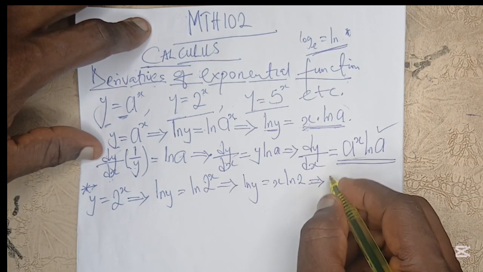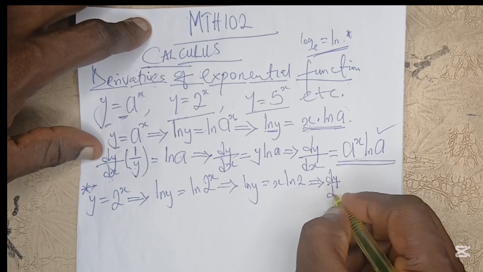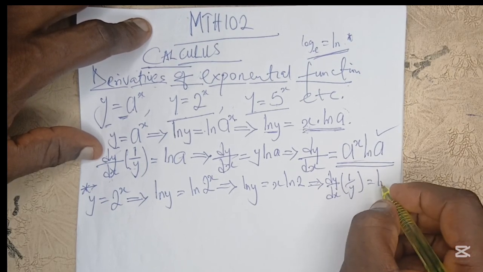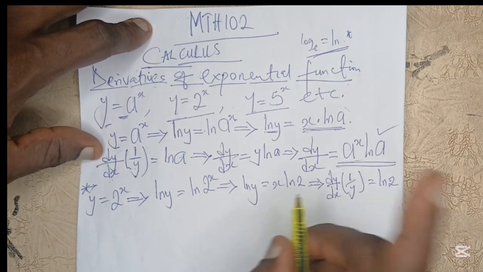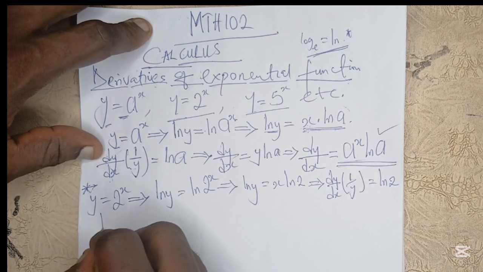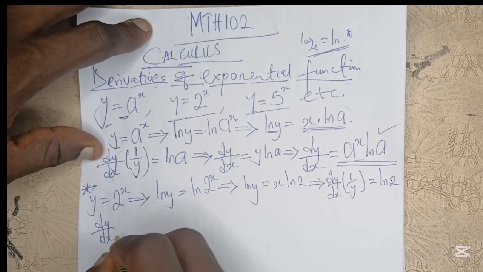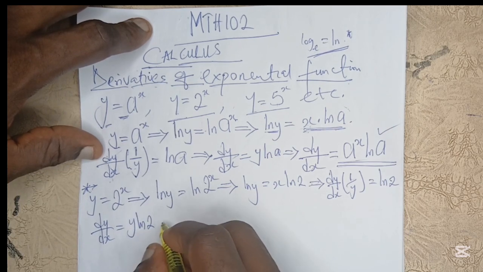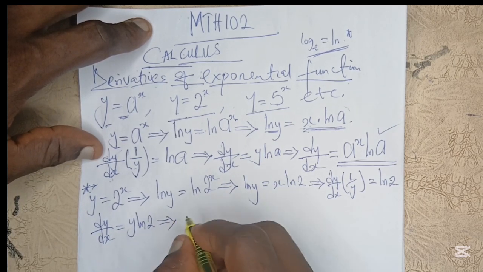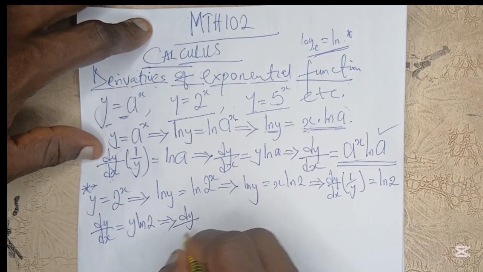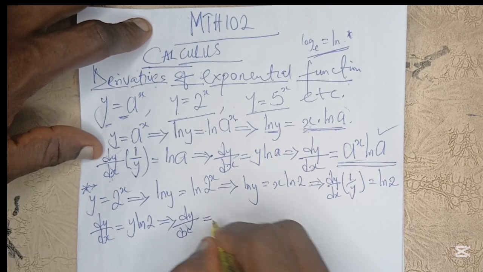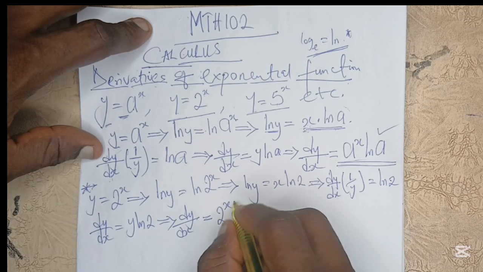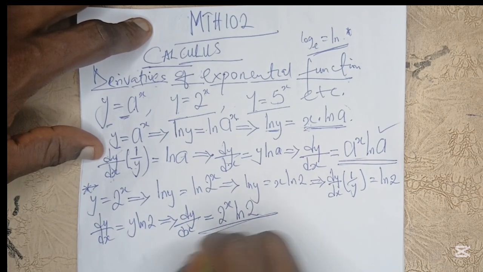Differentiating this, as I said before, you have dy/dx times 1 over y is equal to ln 2, because if you differentiate x, you get 1. So making dy/dx the subject of the formula, you have y ln 2, which in turn says that dy/dx is equal to, what is y here? 2 raised to power x times ln 2.